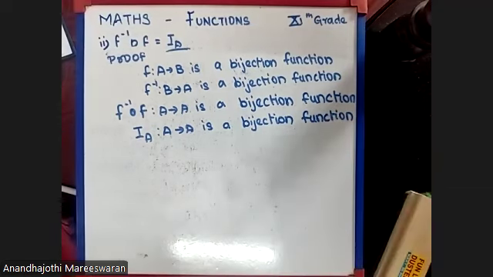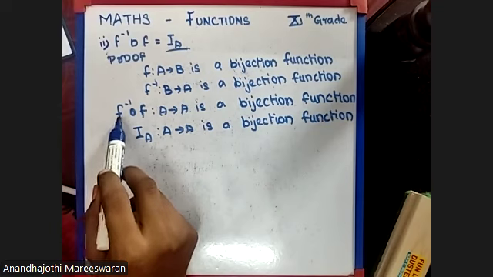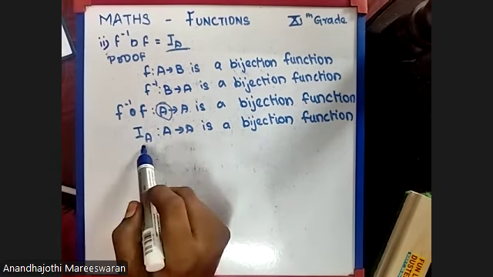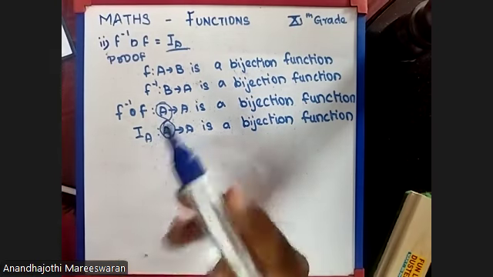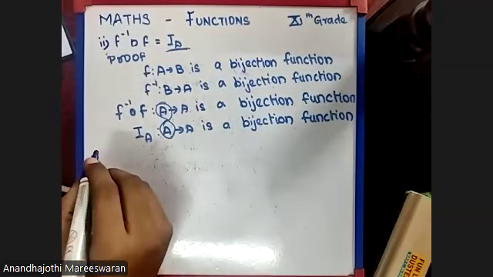Okay. Now we are going to check if both the domains are the same. F inverse circle F, what is the domain? A. I_A, what is the domain? A. So what can we conclude? Both are defined on the same domain. Shall I write it down?